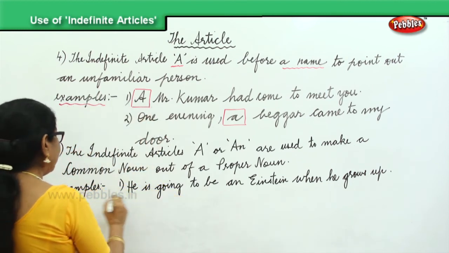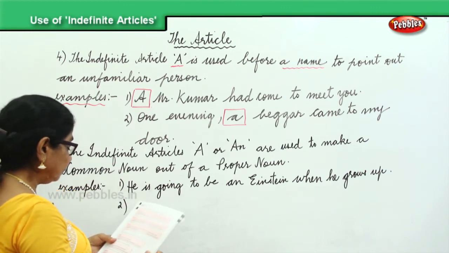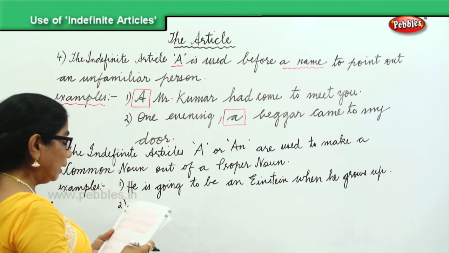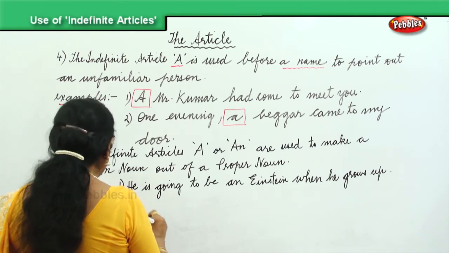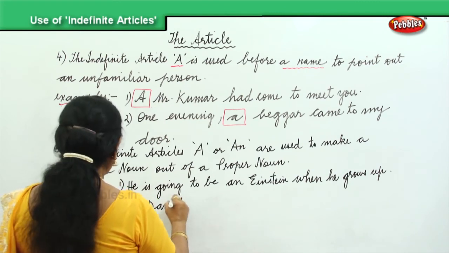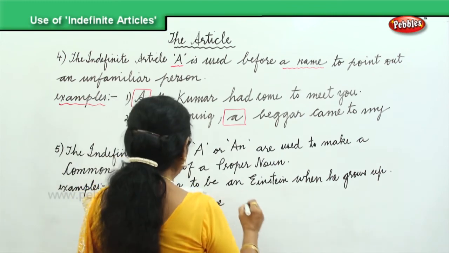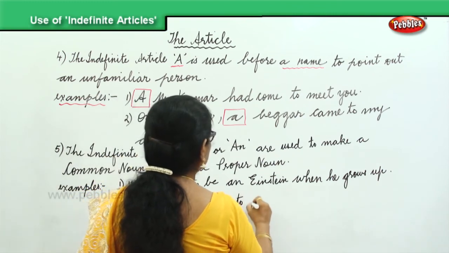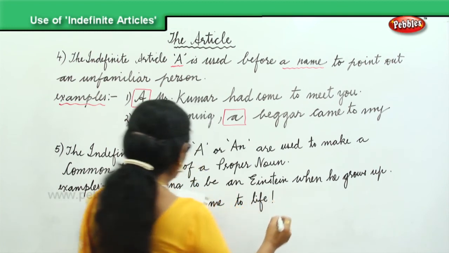Who is going to be? He. You saw? The next example I have here is a Daniel. A Daniel came to life.